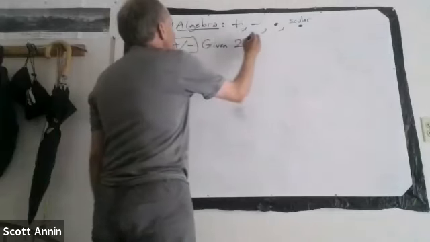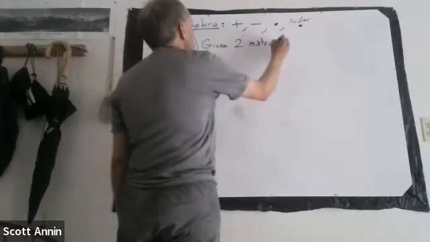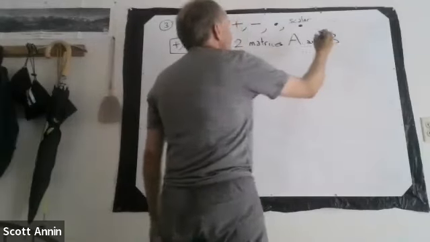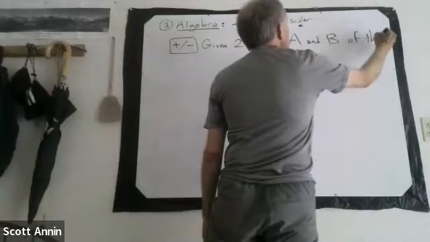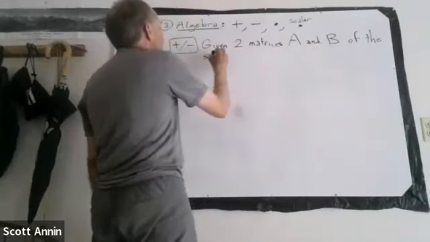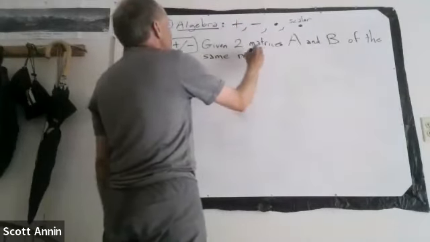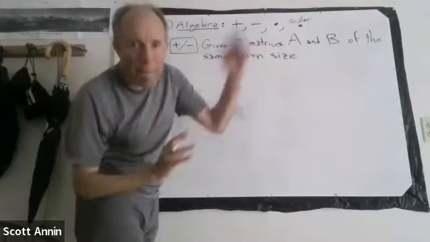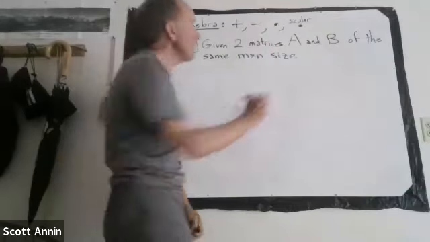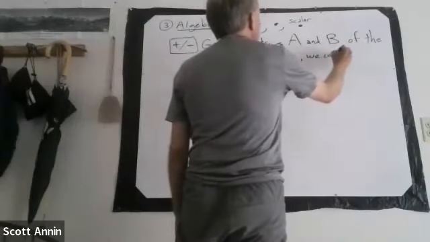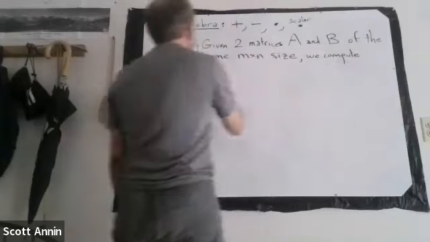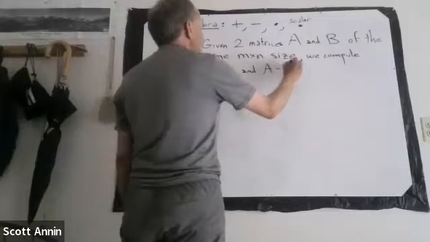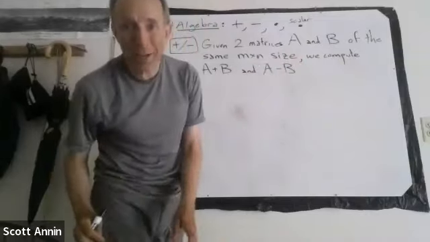Given two matrices A and B of the same size, let's just say it's m by n, so it's just any two matrices of the same m by n size, right? We compute A plus B and A minus B. So I'm talking about addition and subtraction of two matrices right now.